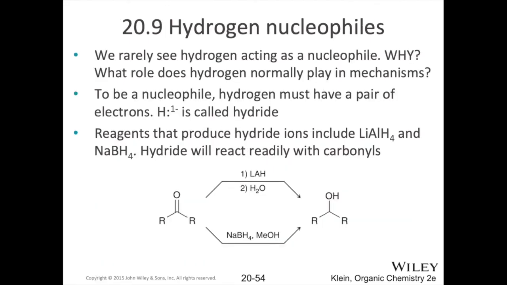All right. Let's look at some hydrogen nucleophiles. I kind of alluded to this earlier when we talked about lithium aluminum hydride as a reducing agent. So let's look at lithium aluminum hydride and sodium borohydride. Both of these molecules are good sources of hydride ions. That's hydrogen with a -1 charge.